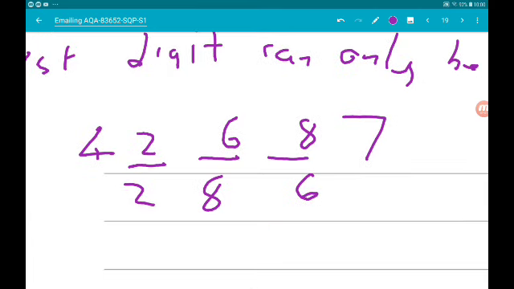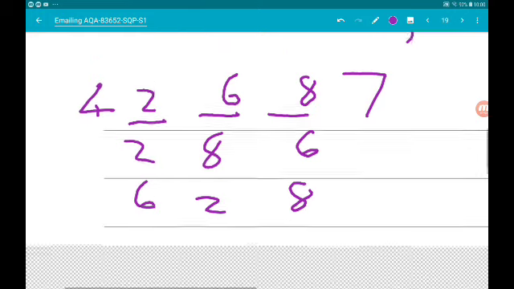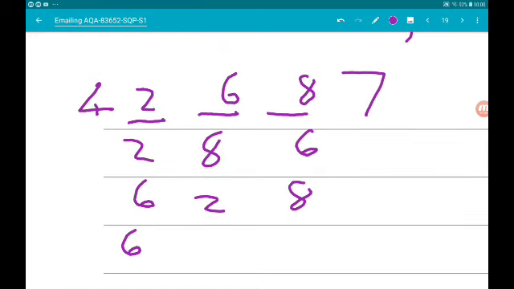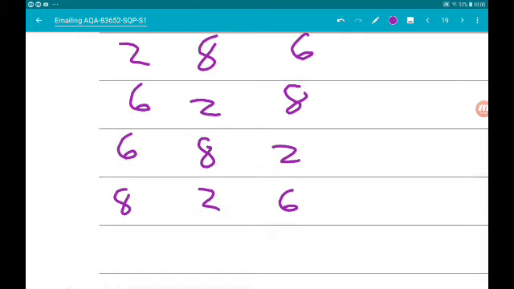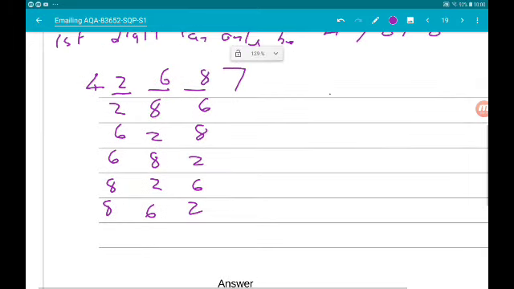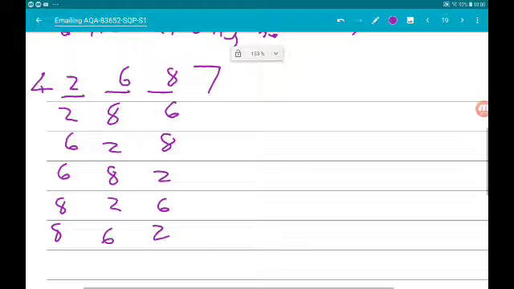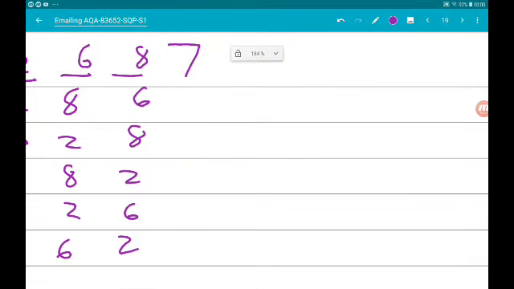We could have 6, 2, 8. We could have 6, 8, 2. We could have 8, 2, 6. And then we could have 8, 6, 2. So there are 6 combinations for each starting digit.